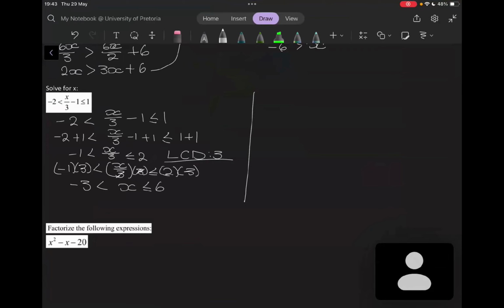Let's do this. -1 is less than -2x plus 3, which is less than or equal to 5, right?